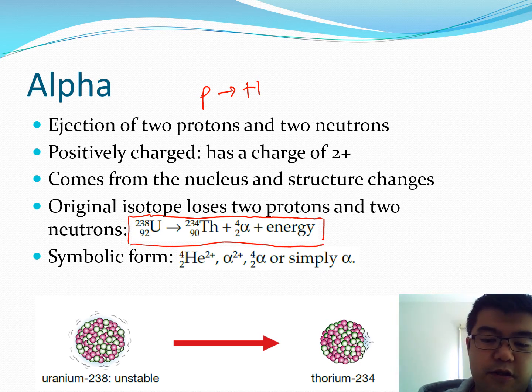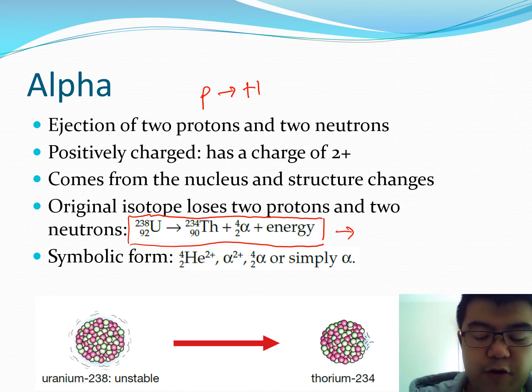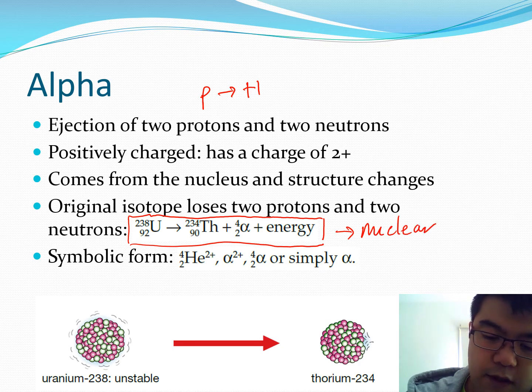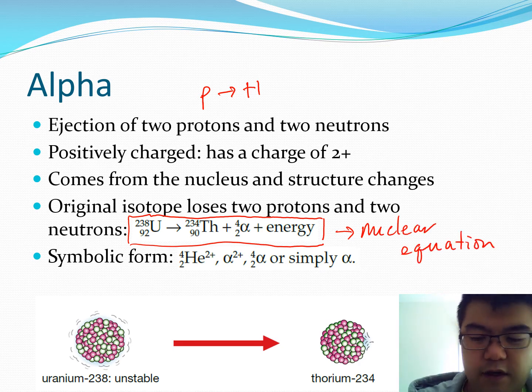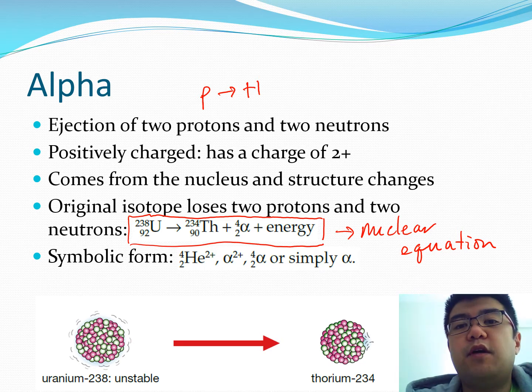This is called a nuclear equation. And we use nuclear equations to show how one element changes from one thing to another based on what's happening to it.